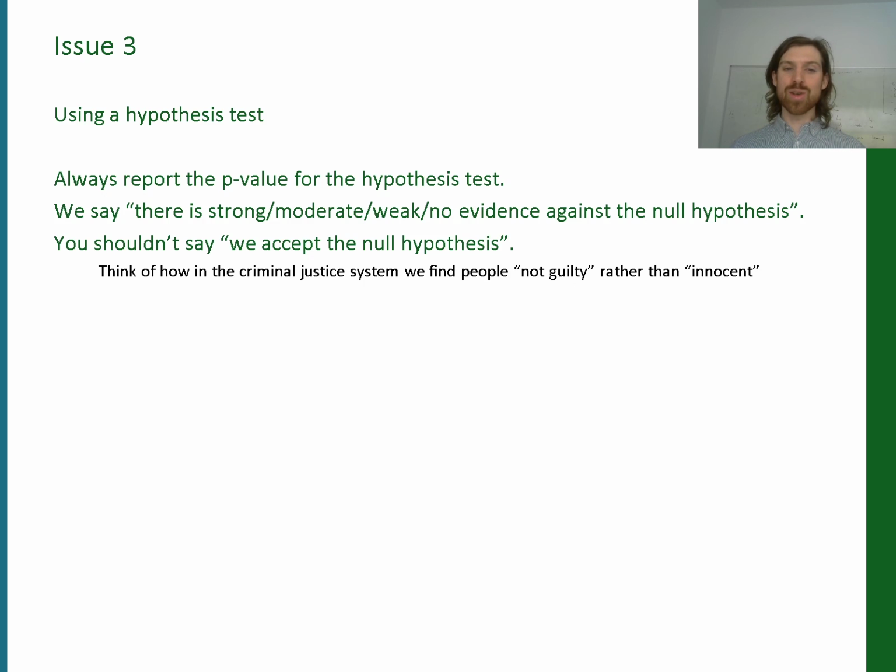What you shouldn't say is that you accept the null hypothesis, because that's already the existing status quo. So think of the criminal justice system: we say that people are not guilty rather than innocent. Based on the evidence that you have here, they might not be guilty, essentially. You can't say for certainty that they are innocent. So this is important for you to recognize.